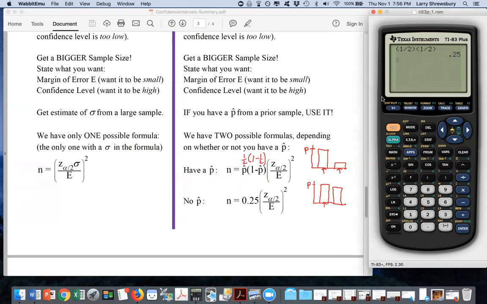Hey, look at that, it's 0.25. So that's where that came from. This is the worst case scenario where, oh my gosh, you're going to need the largest sample size possible. But the farther away you are from 1/2, you don't need as big. So that's why it'd be nice for you to know approximately what your population proportion is using your sample proportion. You won't need as large of a sample size. Right? So let's go ahead and clear that.